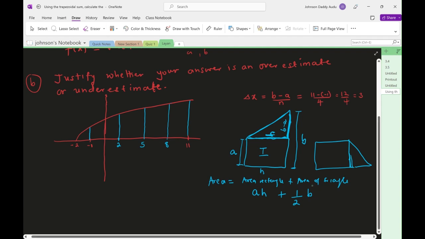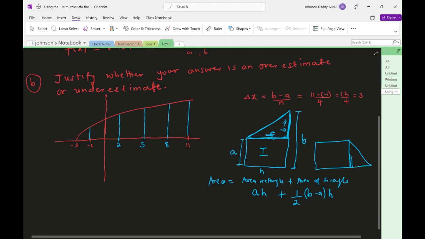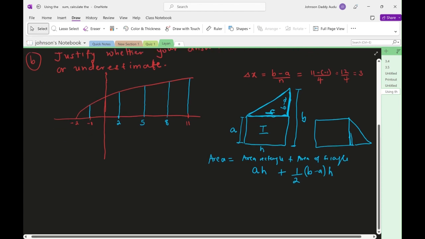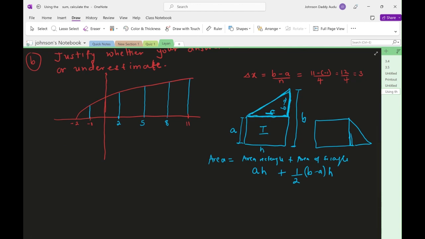So it's going to be half times b minus a times height. So that is the area of this triangle, because b minus a is the base of the triangle, and this h is the height.